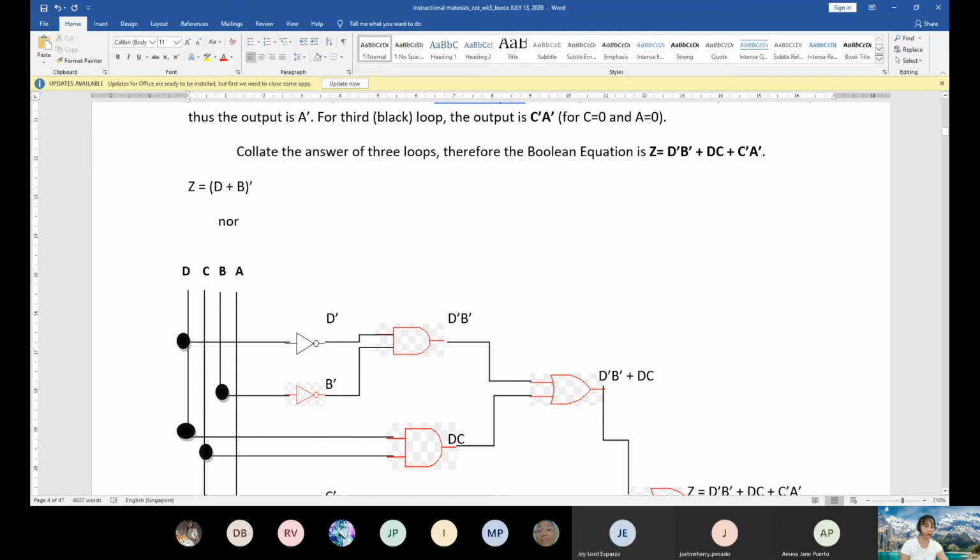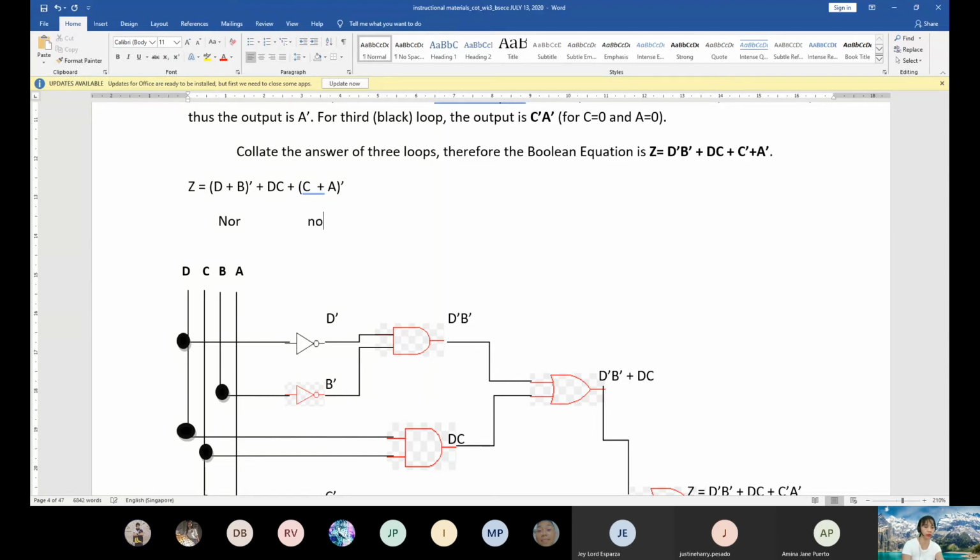Plus DC plus, so you have another case here. You took out the prime outside, but you have to change the operation from addition to plus, so you have another NOR here.